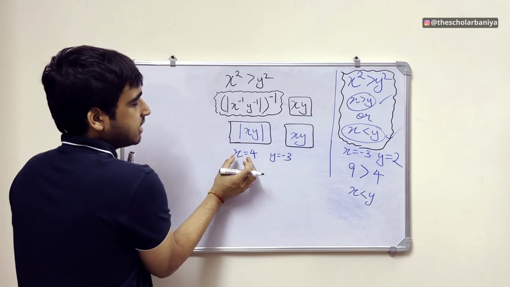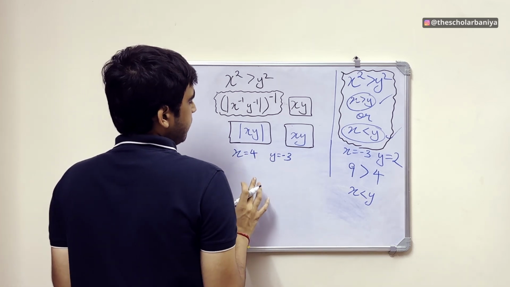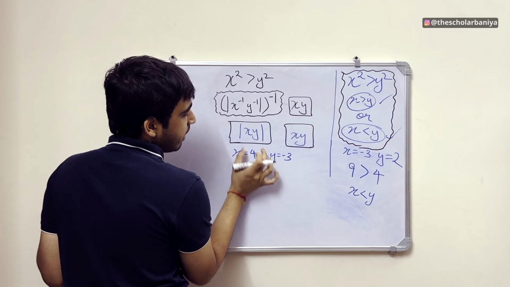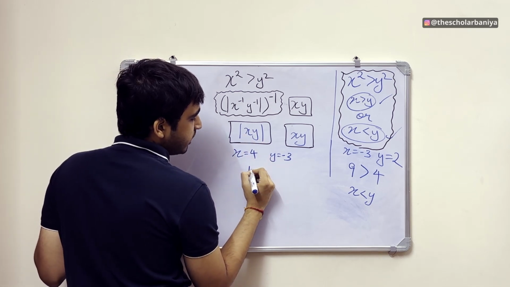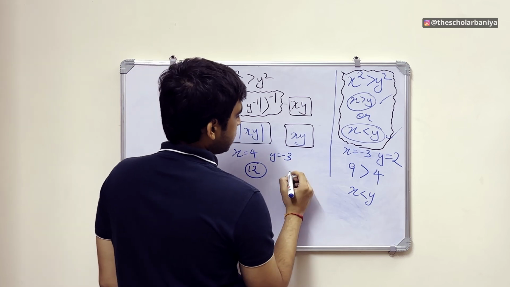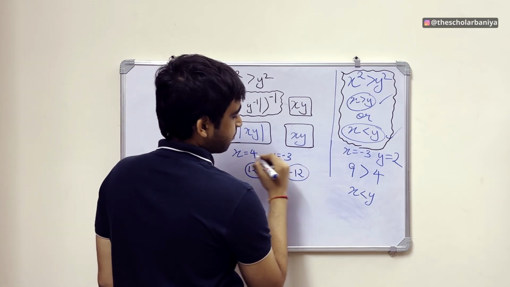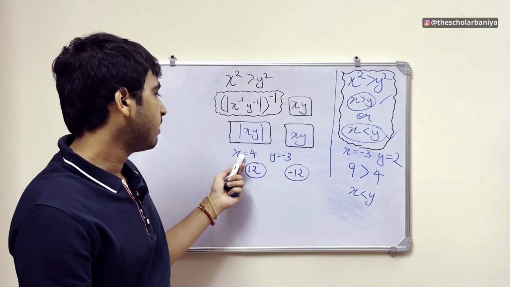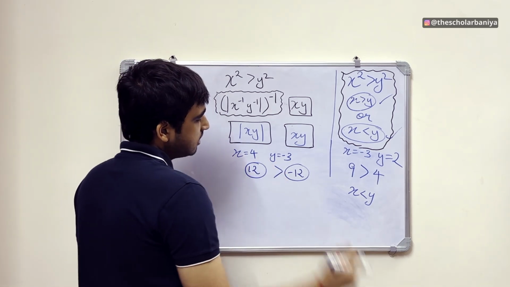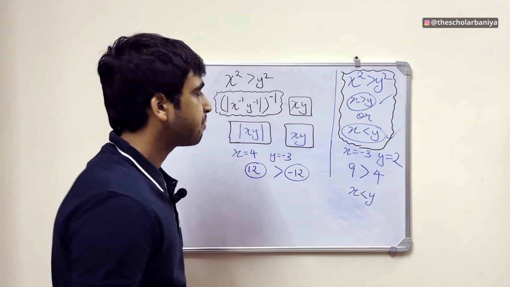Because x is greater than y, so we took this. So 4 into minus 3 is minus 12, mod of minus 12 will be 12, right? x into y will be minus 12. So in this case, this is greater, right?